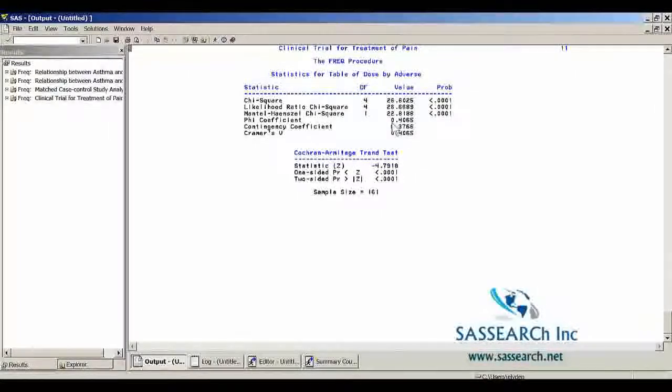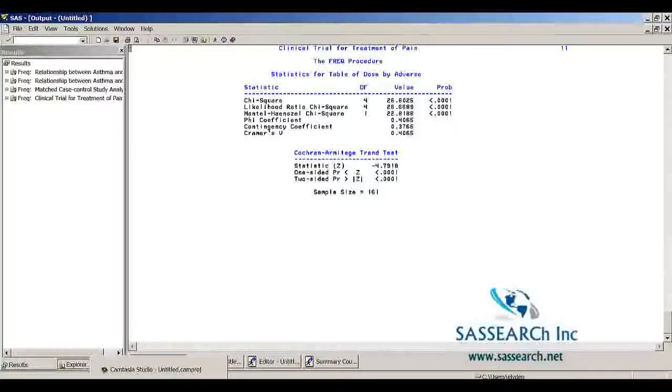Of course, in this example, both the Mantel-Haenszel chi-square and the Cochran-Armitage trend test resulted in highly significant p-values. So for this test for trend, we are testing the null hypothesis that there is no linear trend versus the alternative hypothesis that there is a linear trend in this data.